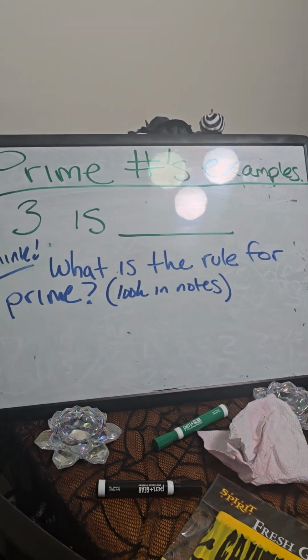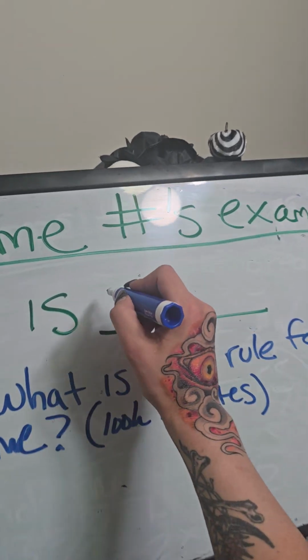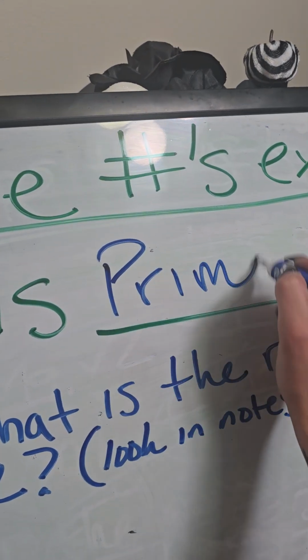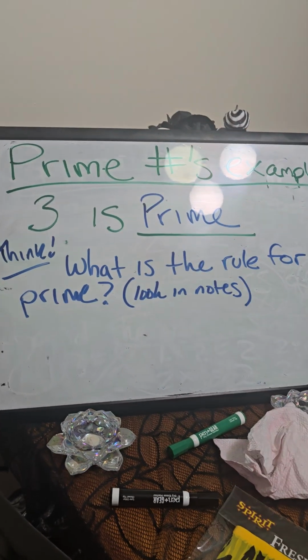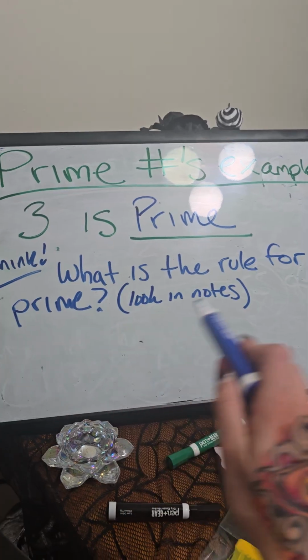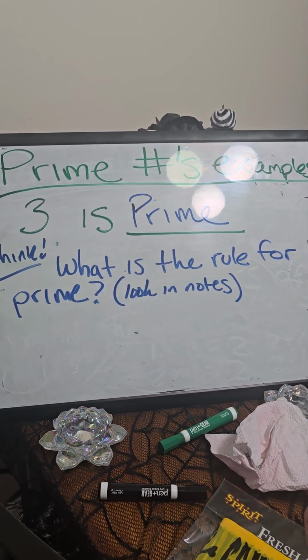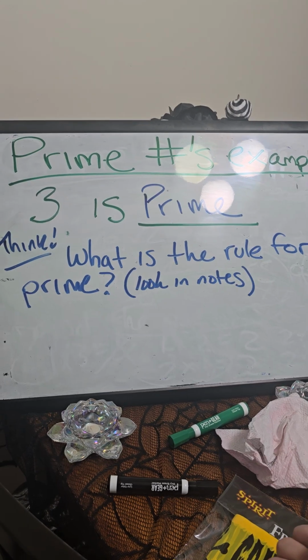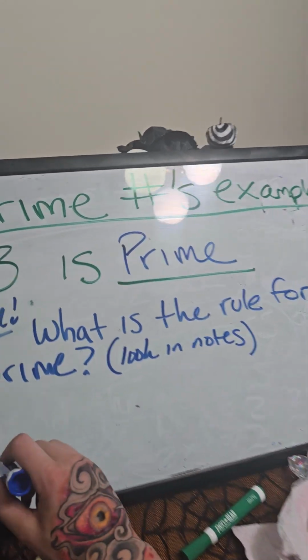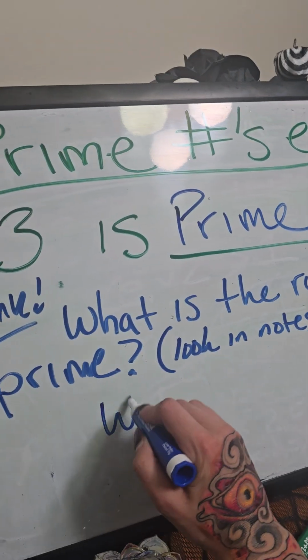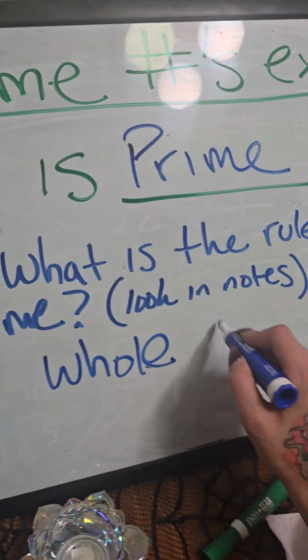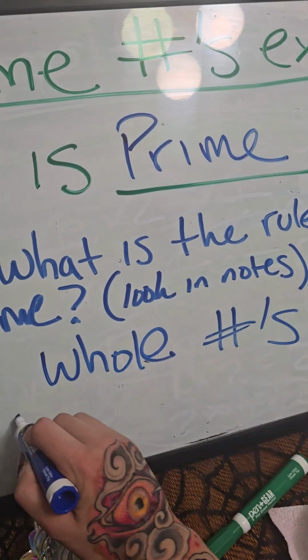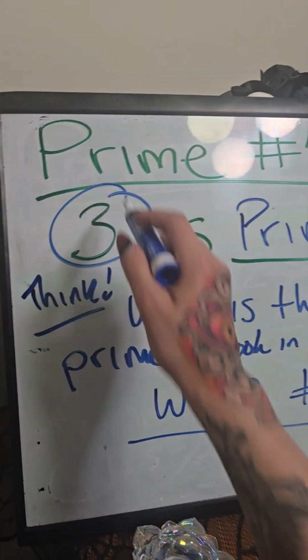3 is also prime. Why? Okay, think, what is the rule for prime numbers? Look in your notes that we just did before if you're still confused. So the rule for prime is they have to be whole numbers. Okay, is 3 a whole number?